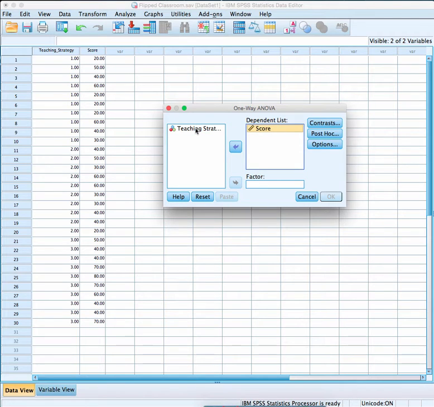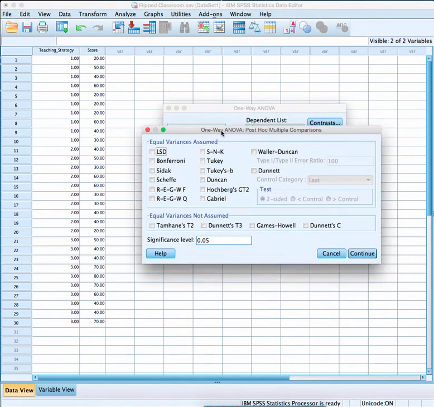And remember, there's three different teaching strategies. And so we'll put that in the factor list. And under post hoc, this is the follow-up test, and it's done simultaneously. So what SPSS will do is, first of all, determine if groups do differ, and then secondly, it will conduct a post hoc test to determine which groups differ.